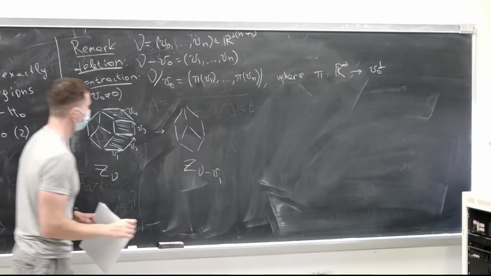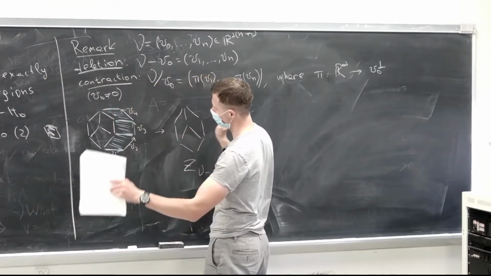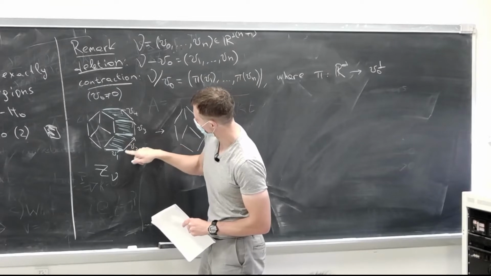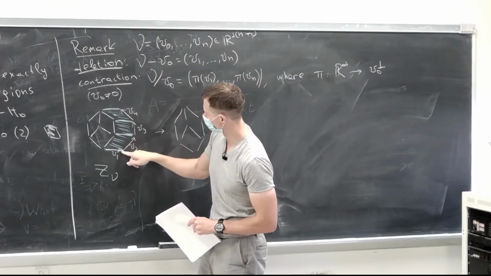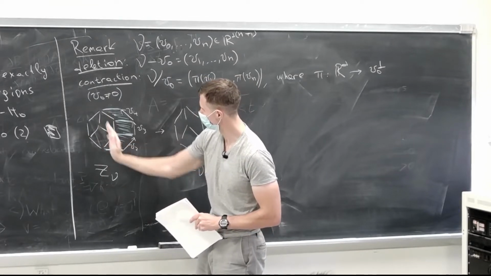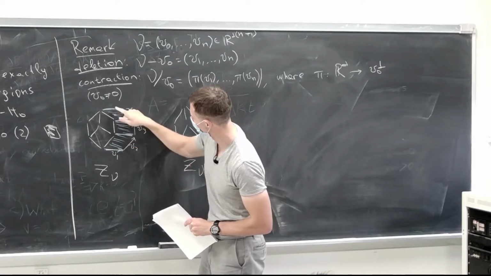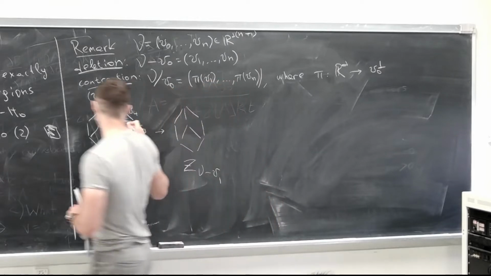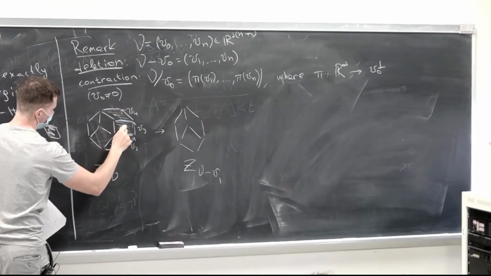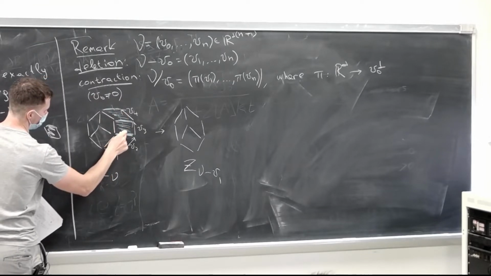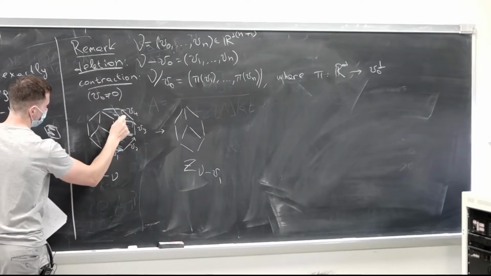If I instead contract, so I project all the other vectors orthogonally onto the orthogonal complement of V1, I should think of the result as some kind of zonotopal tiling of a smaller zonotope.